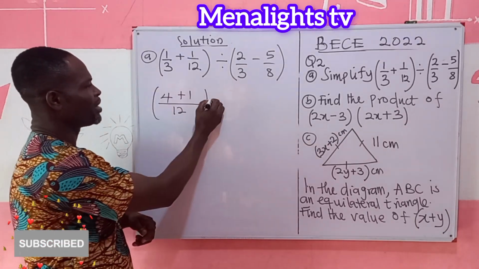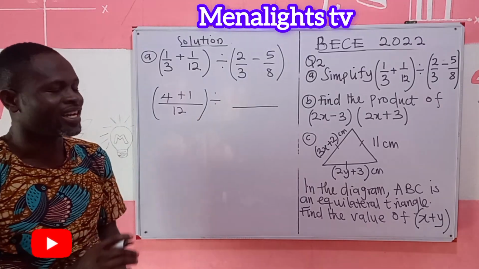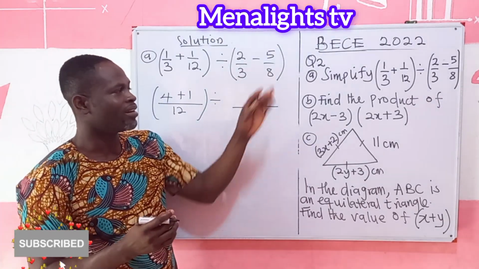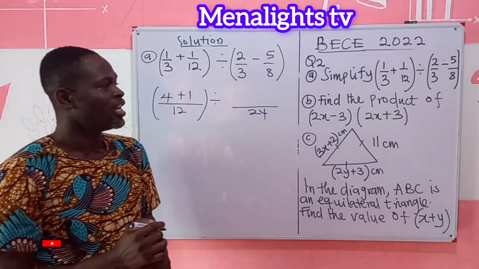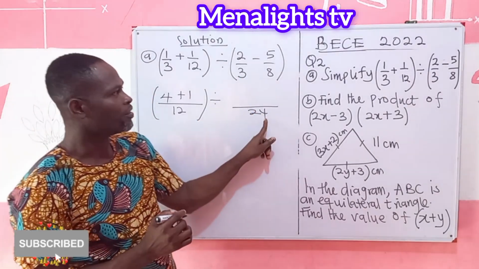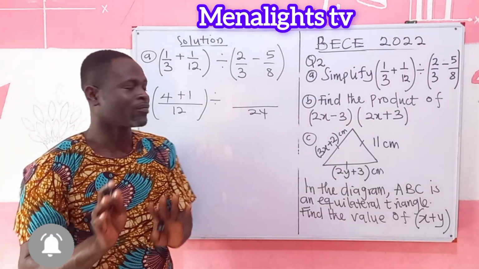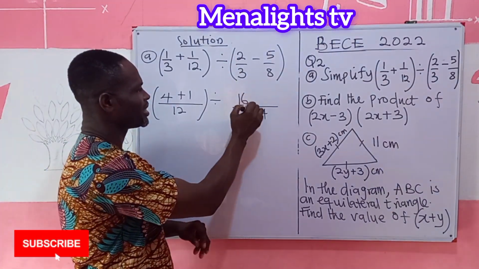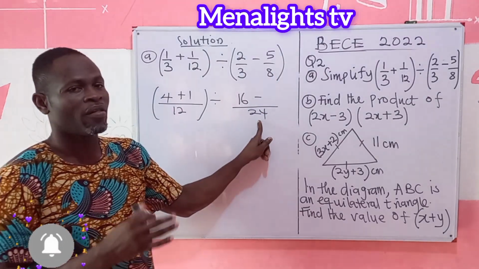So this divided by, then we find the LCM of these two also, 3 and 8. So the LCM for 3 and 8 is 24. So we have our 24 here as well. So 3 will go into 24 8 times. So the 8 times the 2 will give us 16. So here we have 16, then minus, then 8 will go into 24 3 times.